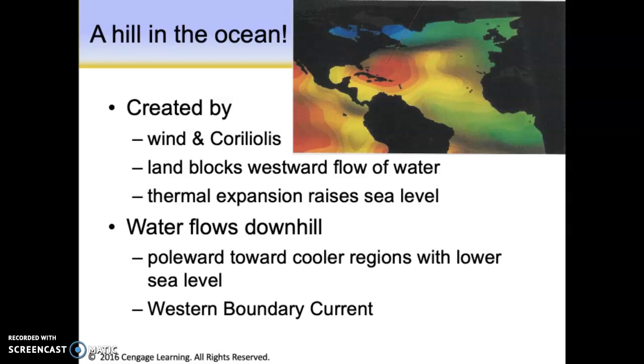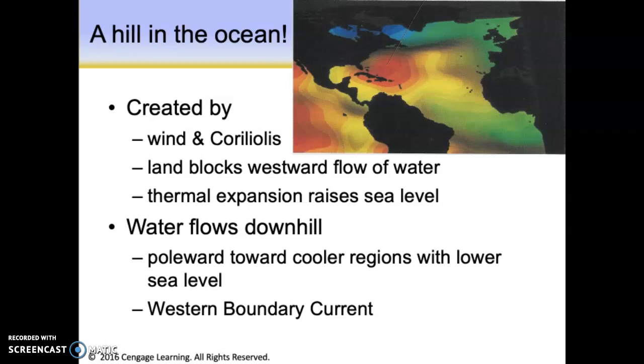Once we have a hill, and you can try this at home, if you try to make a pile of water, that doesn't work very well, and gravity will then pull that water downhill. Now, it's difficult for the water to go back where it came because the wind and the other drivers are pushing it up.